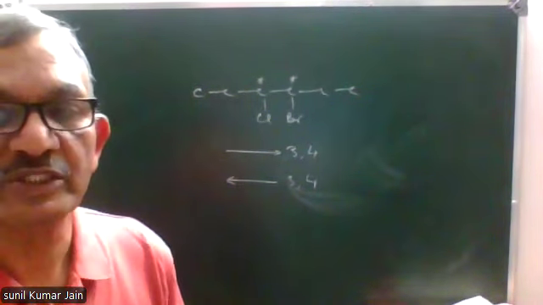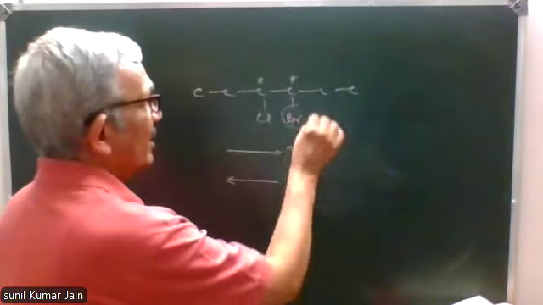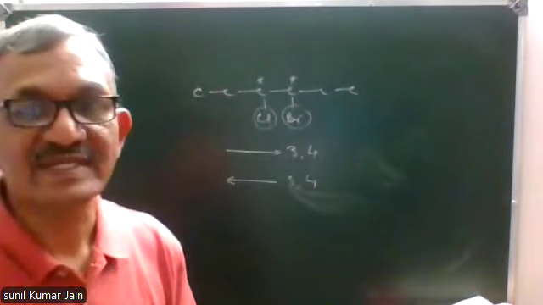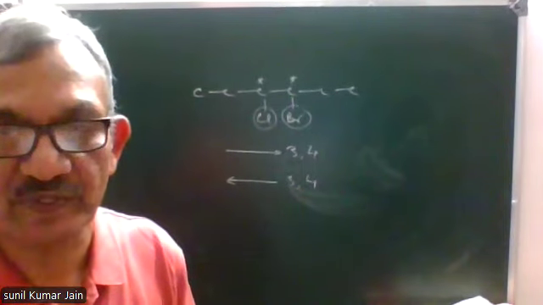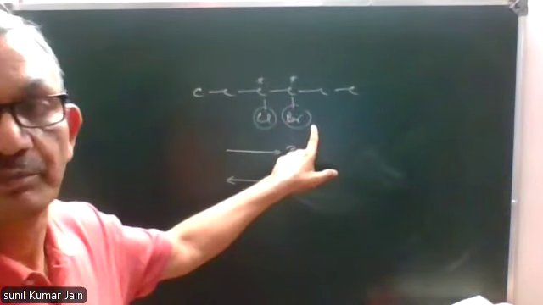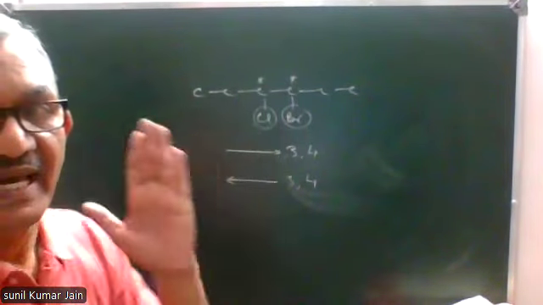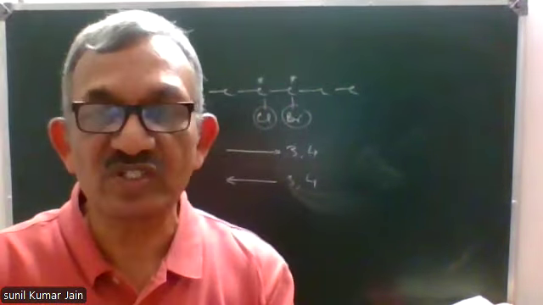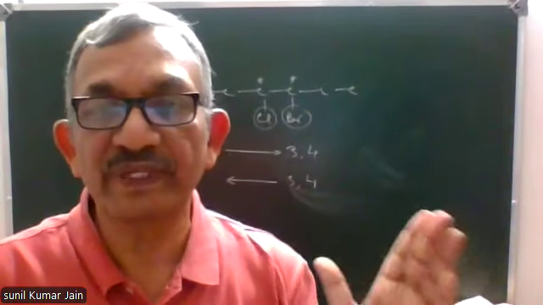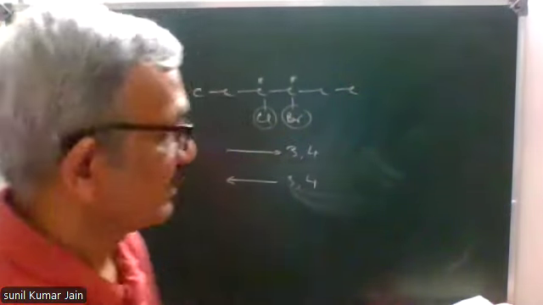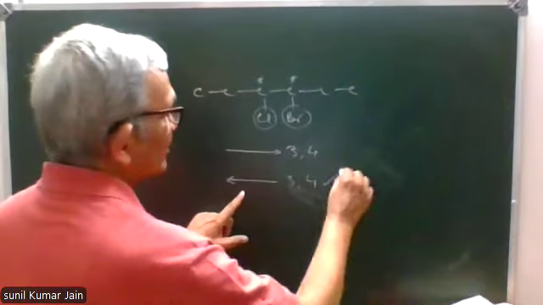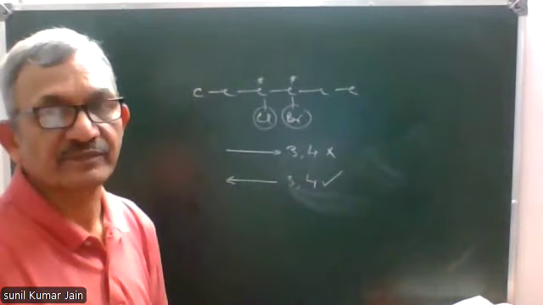Now, in which direction should we count? Then you have to consider the names of these substituents. This is bromo, B, and this is chloro, C. Alphabetically, bromo comes first. Therefore, bromo should be given the lower position. That is, I'll count in this direction, not in this direction.